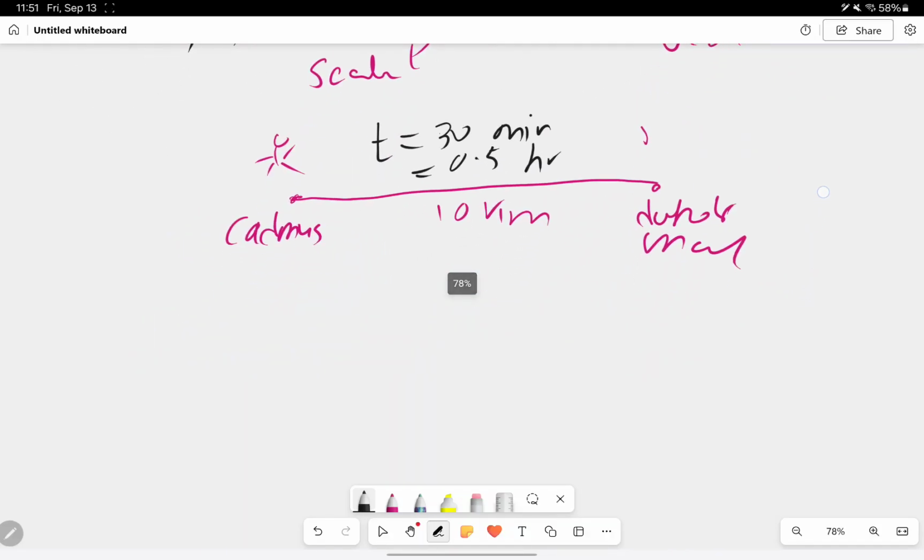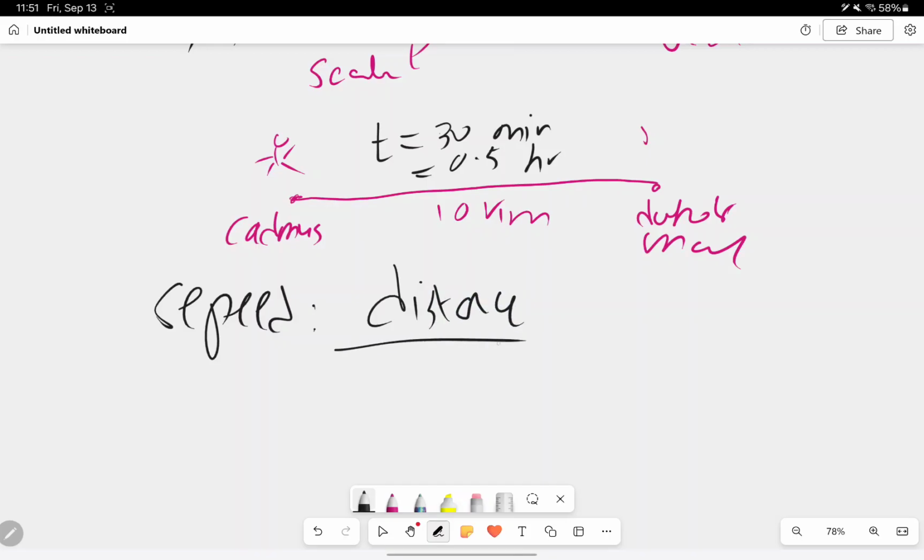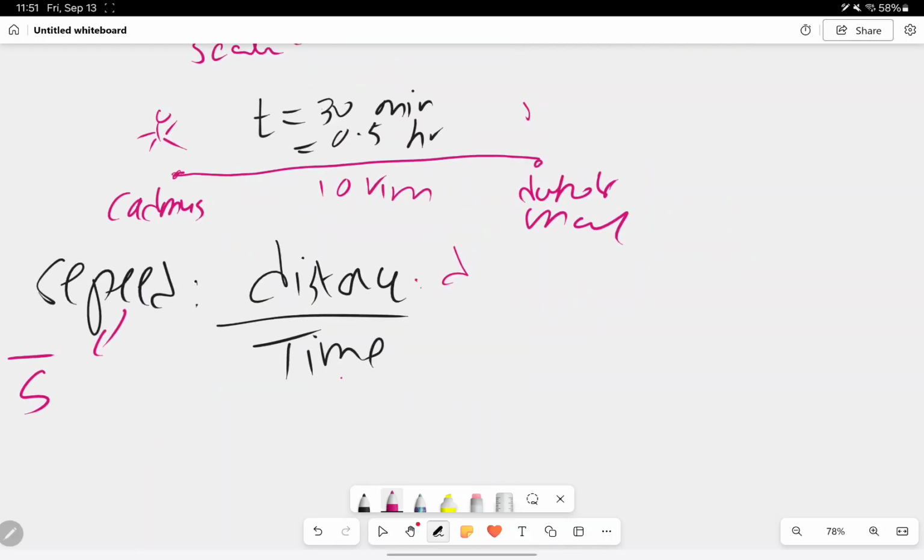So what's going to be its speed? Speed in physics represents distance over time. Sometimes speed is represented by s with a dash above it. Distance is d, here is time. So it's just the division.